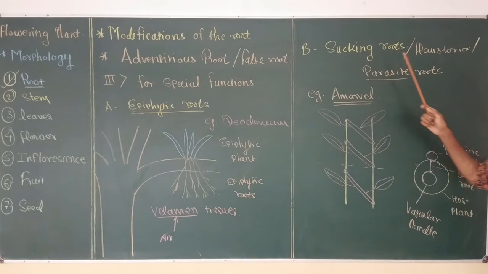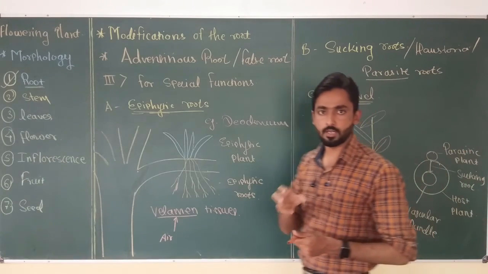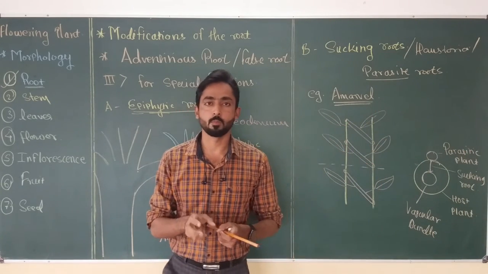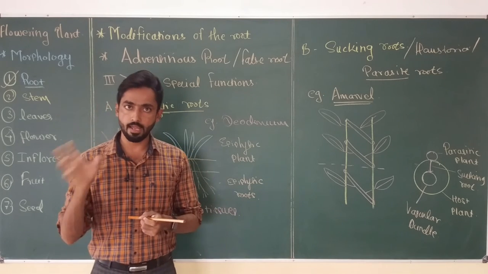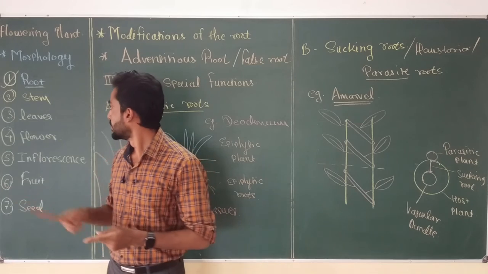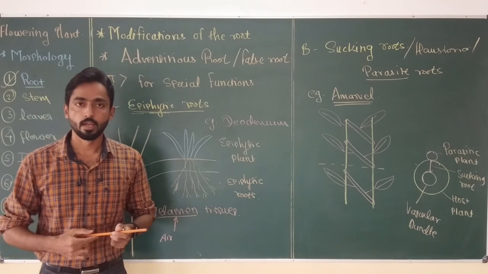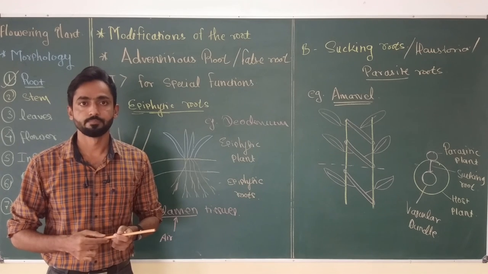And sucking roots or Haustoria or parasitic roots: this type of root is present in the parasitic plant, which penetrates up to the vascular bundle of the host plant and absorbs water, minerals and food directly from the host plant. Okay, so this is all about the different types of roots and their modifications. From my next video, I'm going to start with stem. Thank you.